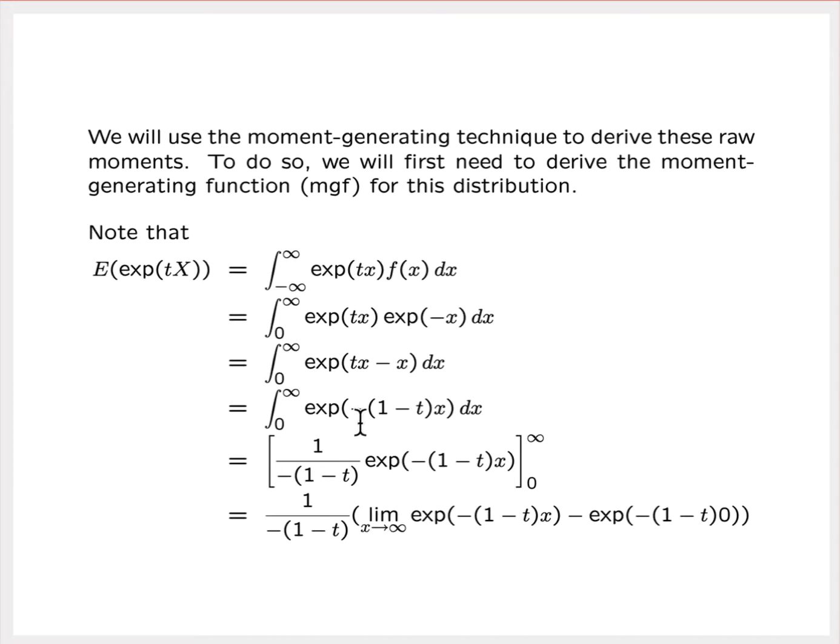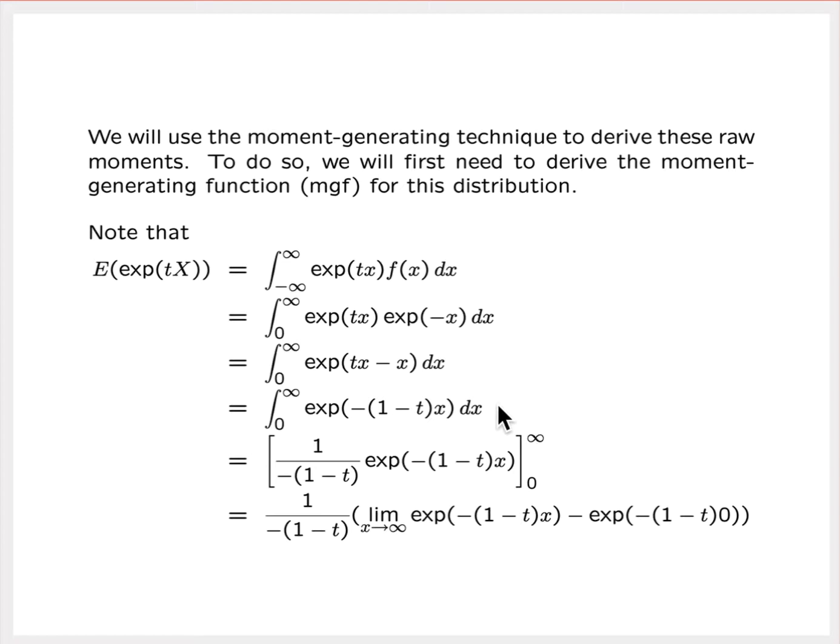Now, the reason I do it this way is because we can think of that negative of the 1 minus t as the value b in that mathematical result. And so we know then that the antiderivative of this integrand is 1 over this b value, so 1 over negative 1 minus t times e to the bx, or negative 1 minus t times x.